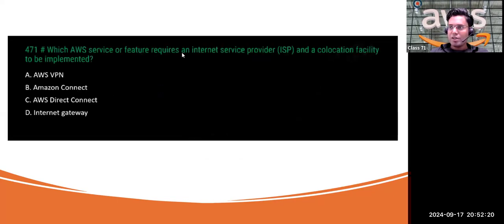So which AWS service or feature requires an internet service provider, ISP, and a facility to be implemented? Okay, one service, easy. We need help with an ISP if you need some connection. Just like AWS VPN, with the help of internet we can use AWS VPN.